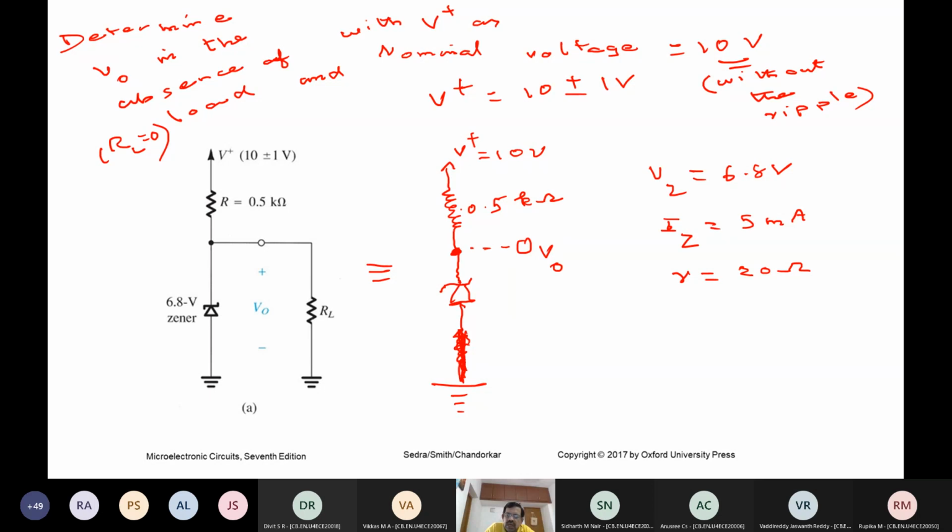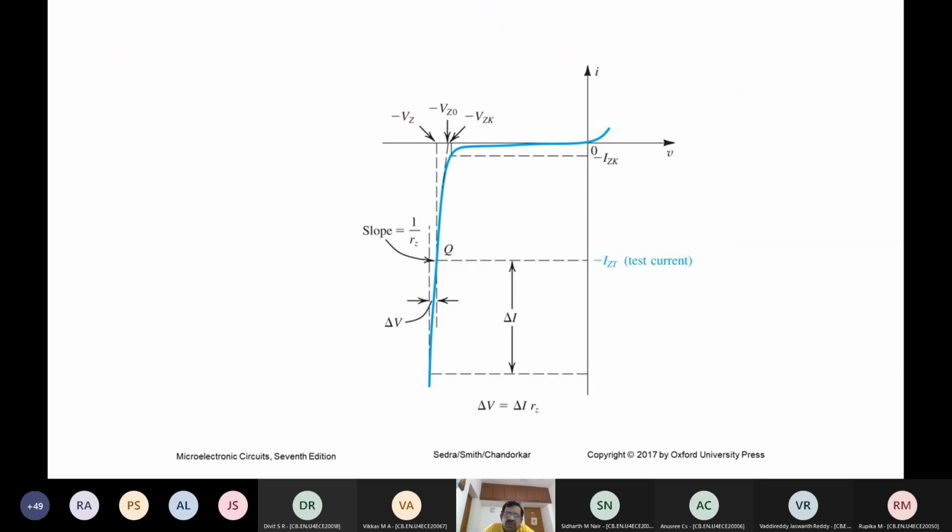So I want you to pay attention carefully here. What is this VZ0? What is its significance? If we understand that, the problem is half done. So we have been given this value, which is 5 milliampere, and this value VZ is given, that is 6.8 volt.